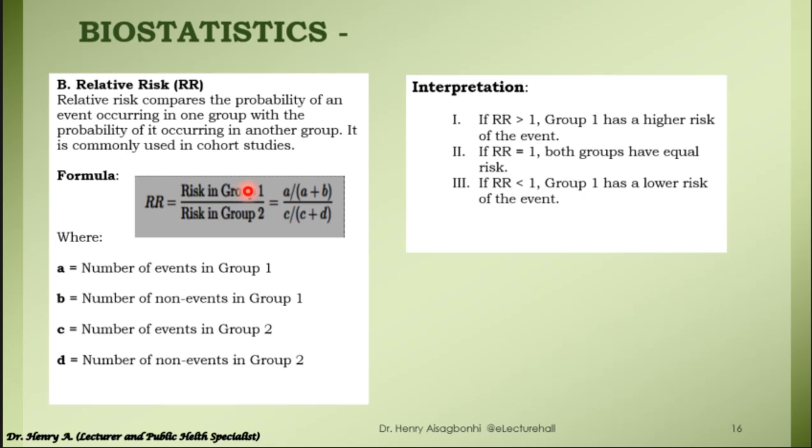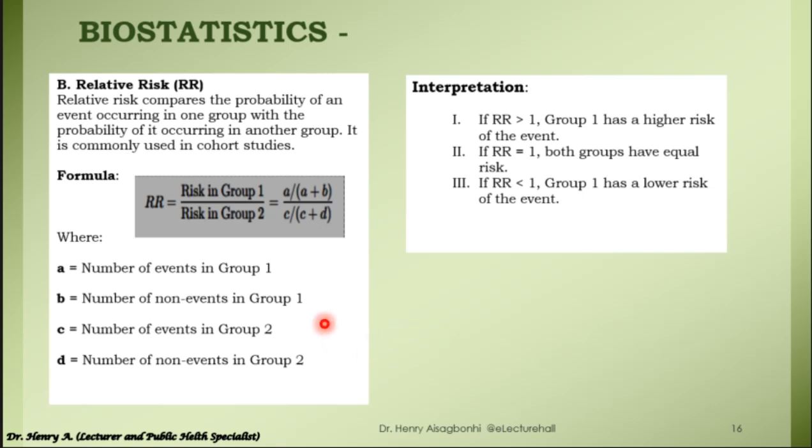So now risk in group 1 over the risk in group 2. Then you have A divided by, open the bracket, A plus B. I'm giving an example like A, B, C, D. There's a quadrant like this.